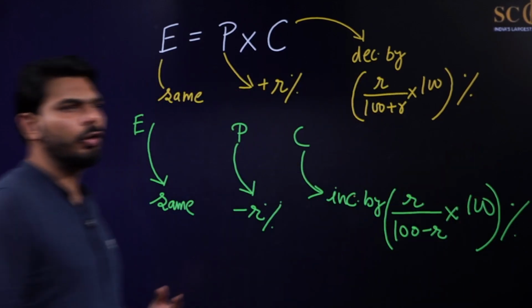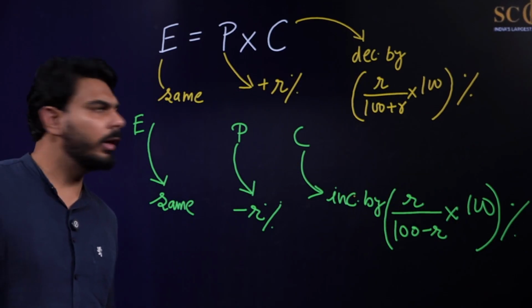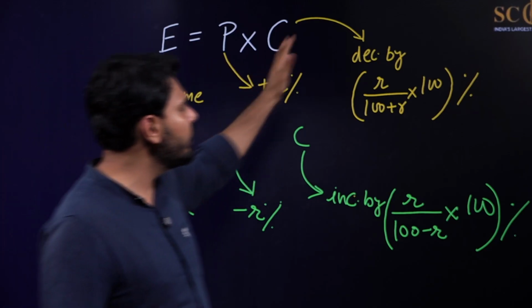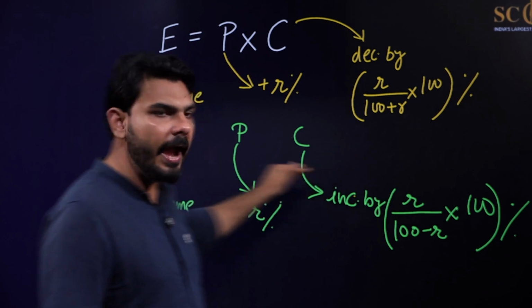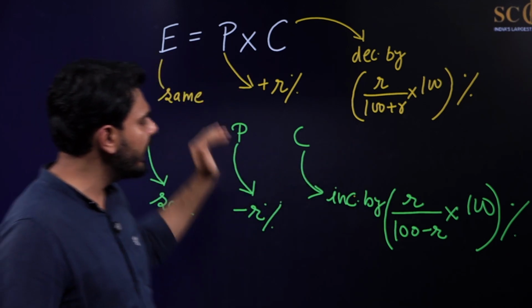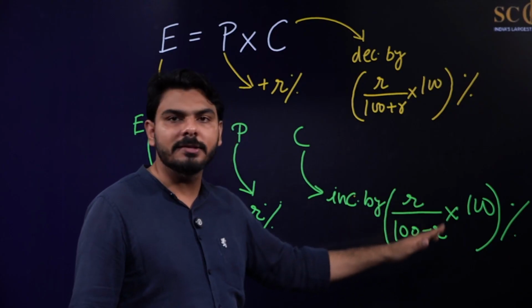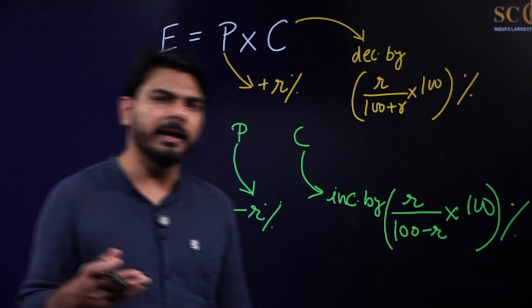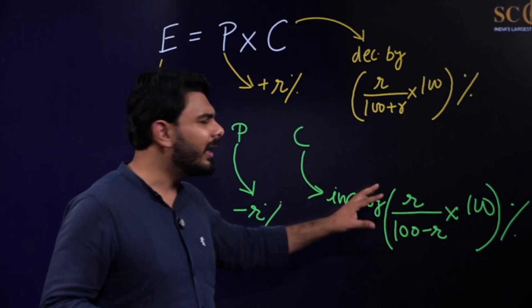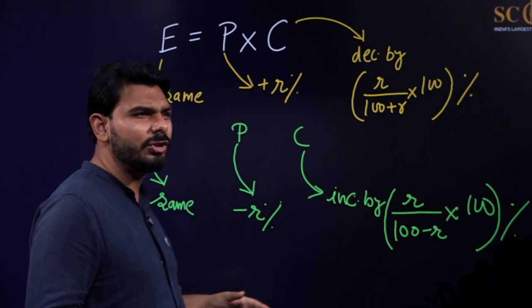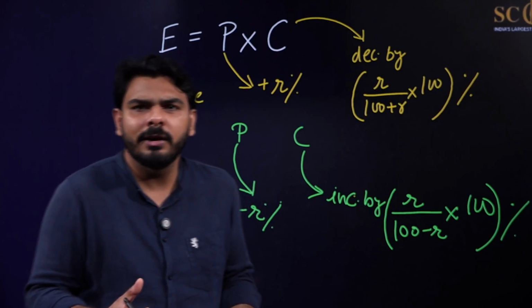These are the two very important formulas that I'm telling you here: if the price is increased by R%, the consumption will be reduced by that much percent, and if price is decreased by R%, the consumption will increase by R upon 100 minus R into 100%. Now you might be thinking that this formula is so difficult and applies to only these kinds of questions, so why make so much effort?